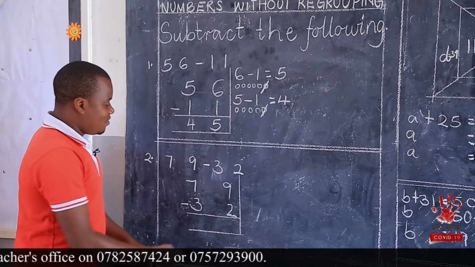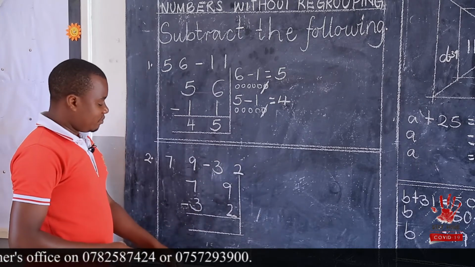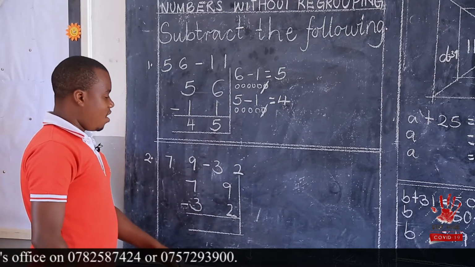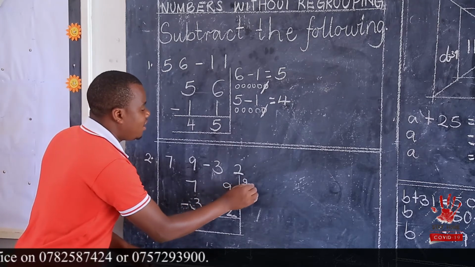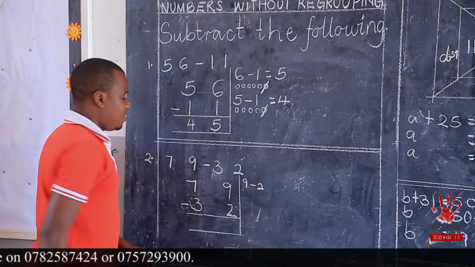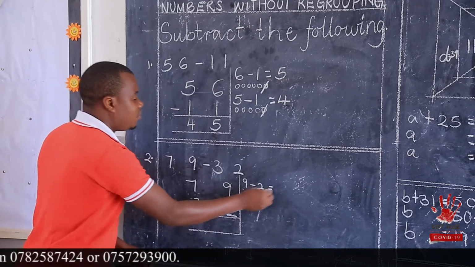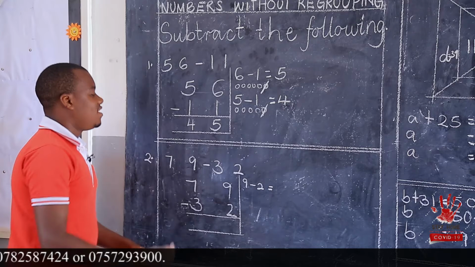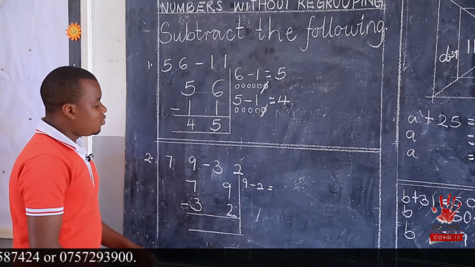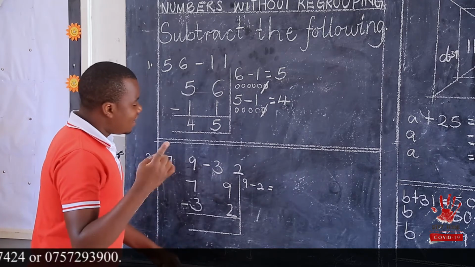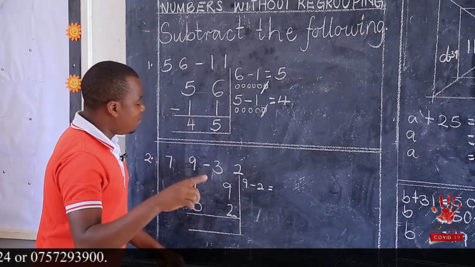So what are we going to do here? Ones. We begin in ones, right? So under ones, we have 9 take away 2. What is 9 take away 2? Those who say, I can just say the answer, it is okay. You write it there. Then there are those who will say, let me first draw the balls and then remove 2.